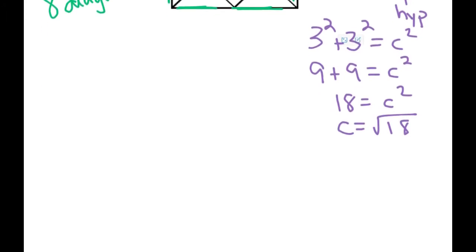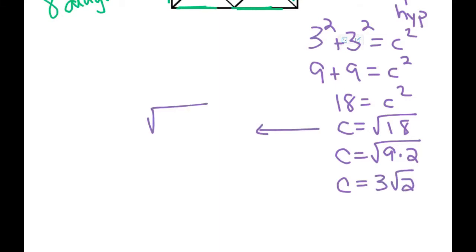Well, you either know that this is 9 times 2, and the square root of 9 is 3, or you can rewrite 18 using prime factorization, you know, the factor tree. And you would find out it's 2 times 3 times 3, and a square root means pairs, and there is a pair of 3's.